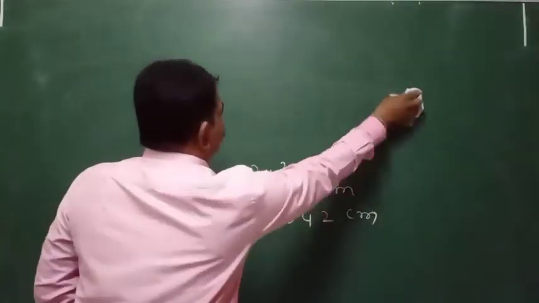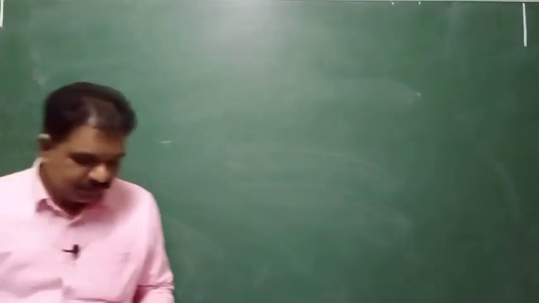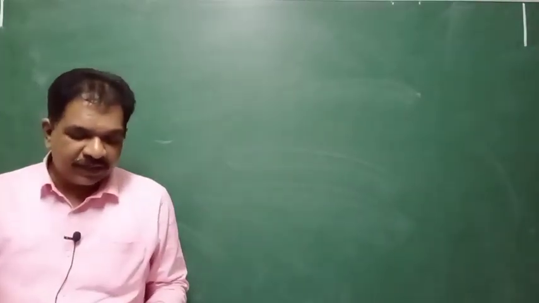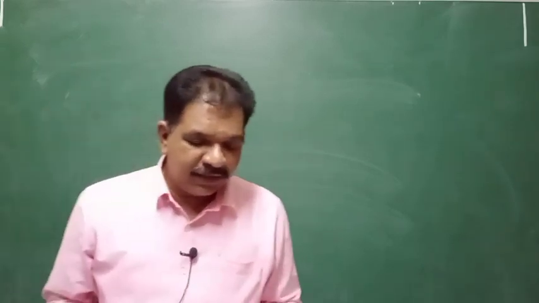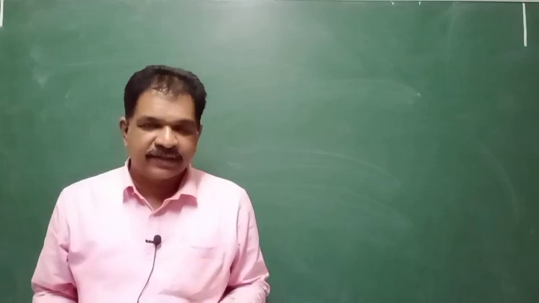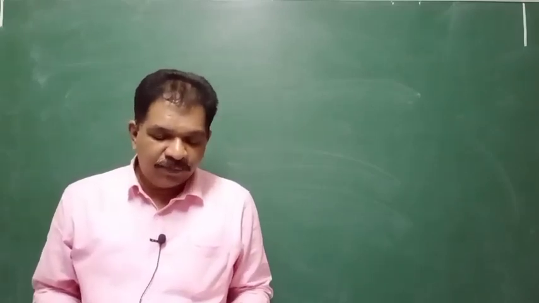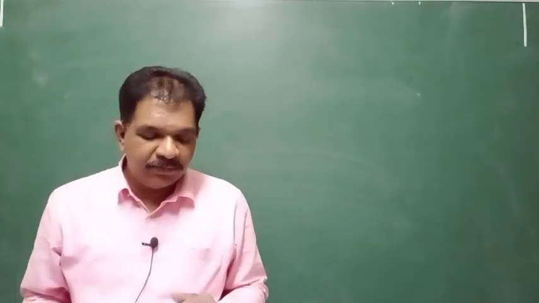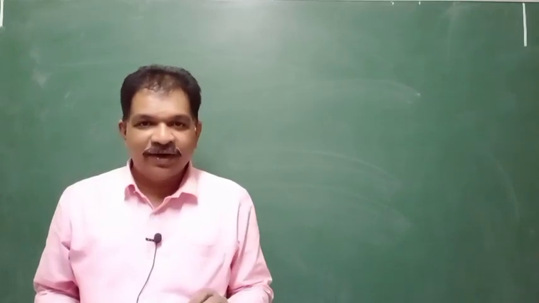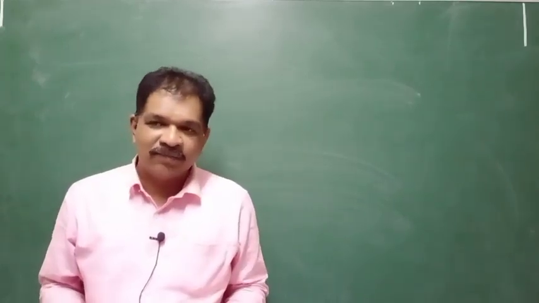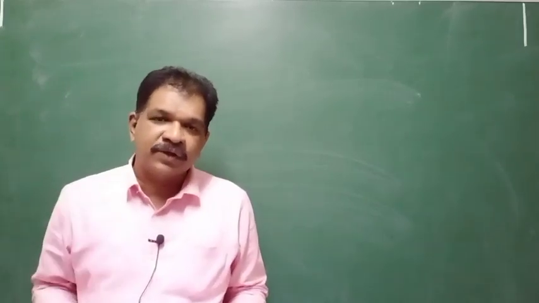Next, question number 34, you see. Which of the following measurements is most precise? 5.00 mm, 5.00 centimeter, 5.00 meter, 5.00 kilometer. More precise means it measures very small values also.